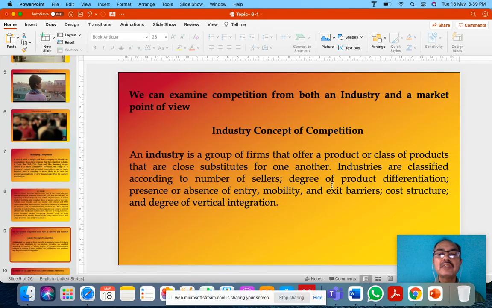We have also tried to understand that competition can be understood from the industry concept of competition and the market point of view. In the industry concept, we discussed that an industry is a group of firms that offer a product or class of products that are close substitutes for one another. An industry can be classified based on the number of sellers, degree of product differentiation, presence or absence of entry, mobility and exit barriers, cost structure, and degree of vertical integration.